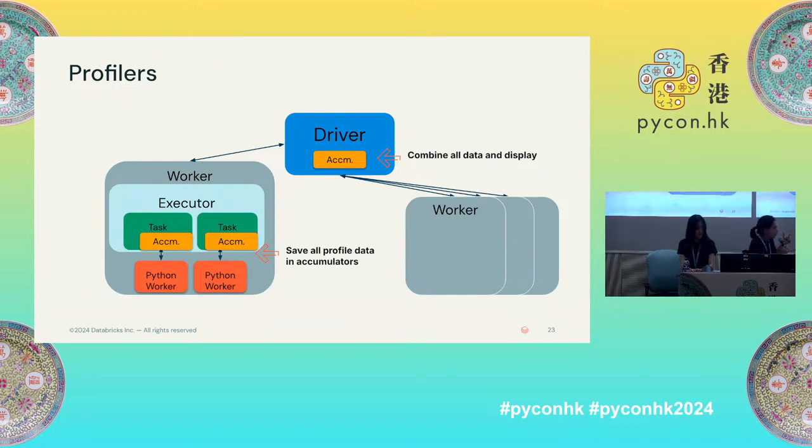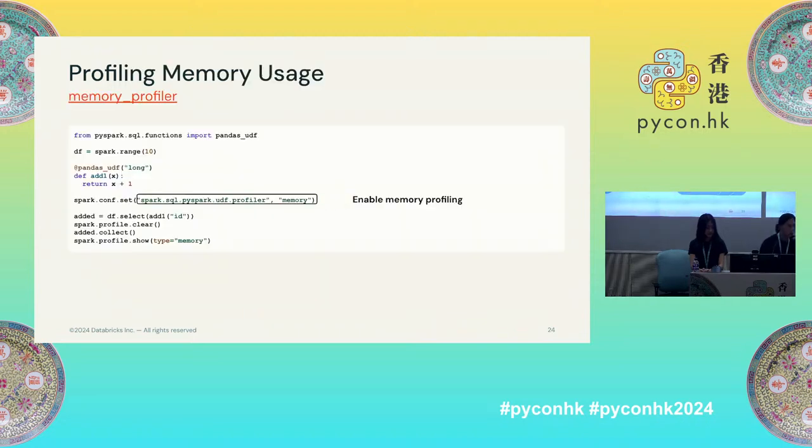So you keep the information of the Python workers' execution within the JVM, and those accumulator results are combined on the driver side and shown to the end user. Meaning that when you run the profilers, it shows the total execution-related information. For instance, it shows the number of function calls across all the executors, not a single executor, but the whole execution. That is how it's implemented right now.